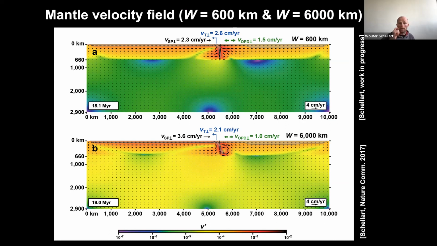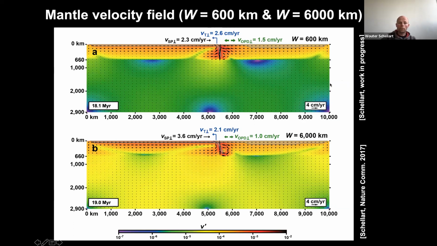So how can we explain this? Well, we can explain it by simply looking at the velocity fields in the mantle. And that's shown in these two cross sections here. The top one is for the narrow subduction model, so Scotia-like, and the bottom one is for the wide subduction model, so the South America type subduction model.